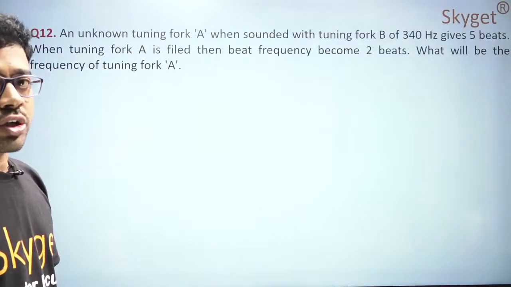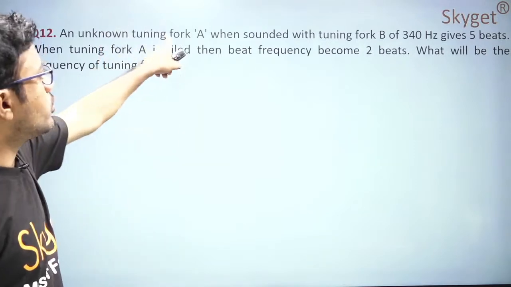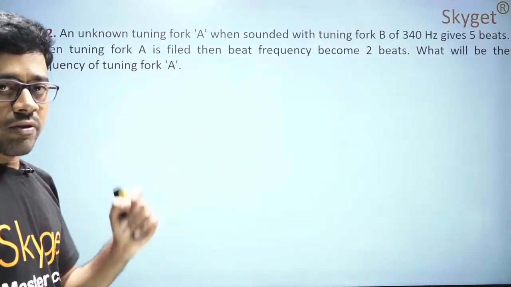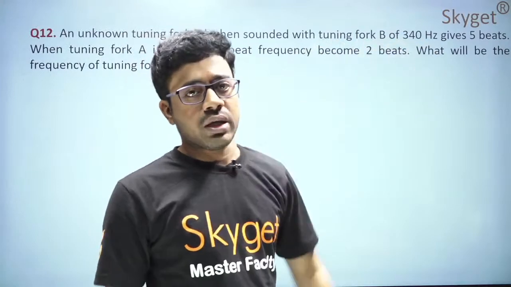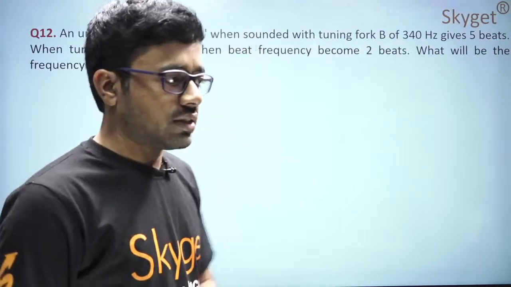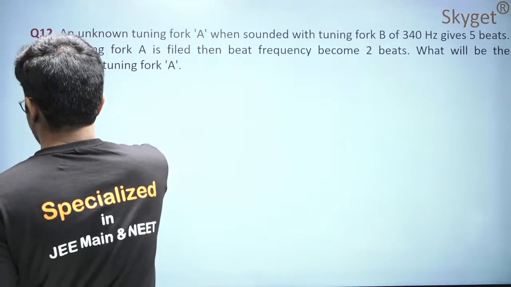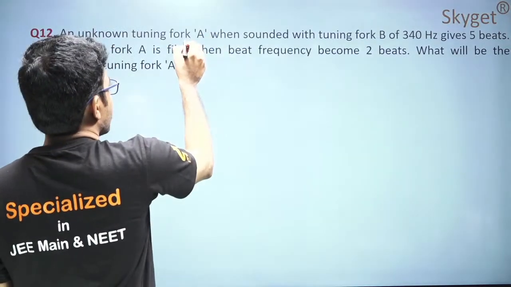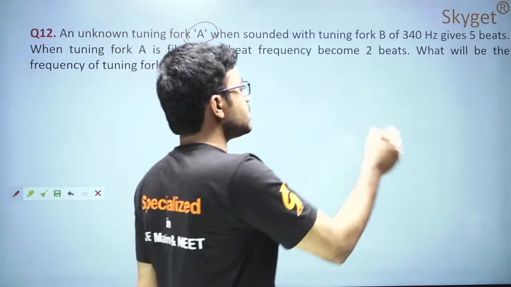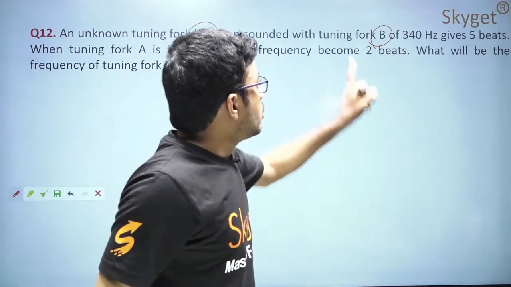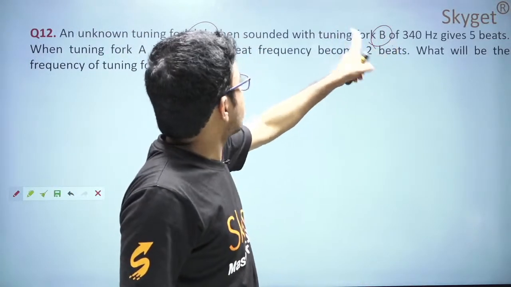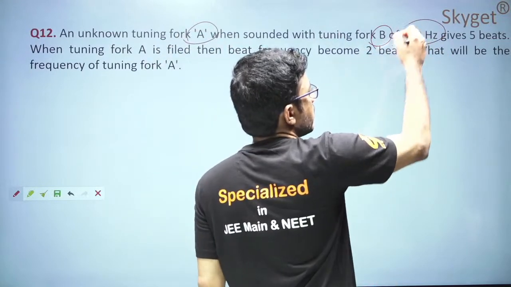Next, in problem number 12, he has given an unknown tuning fork A which, when sounded with tuning fork B of 340 hertz, gives 5 beats. So he has given two tuning forks, A and B. The frequency of tuning fork B is 340 hertz.